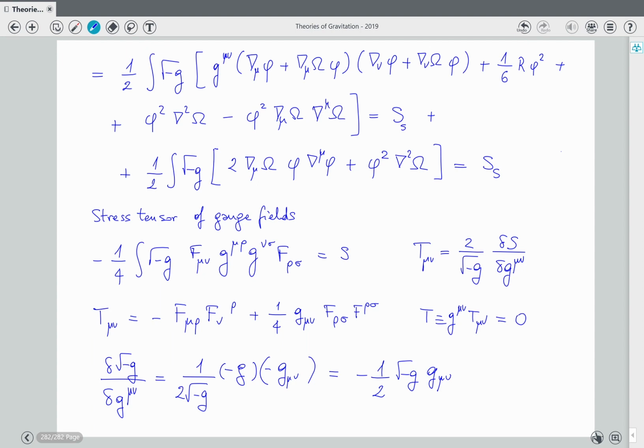In this case, Weyl invariance. We have already seen that the theory was Weyl invariant. That means that the stress tensor had to be traceless.